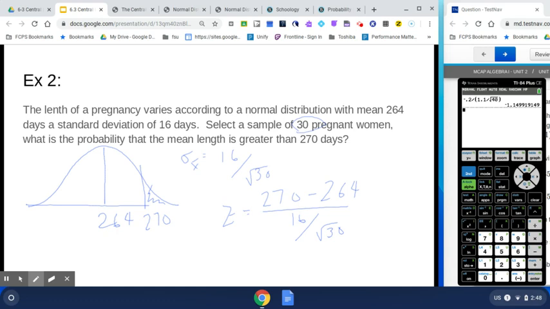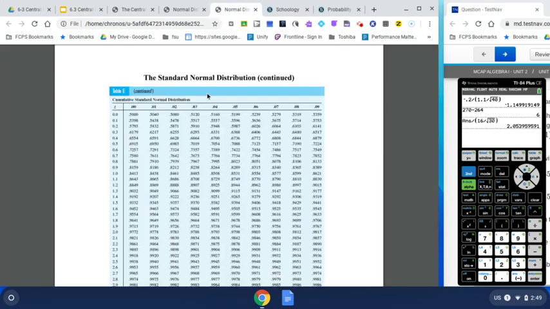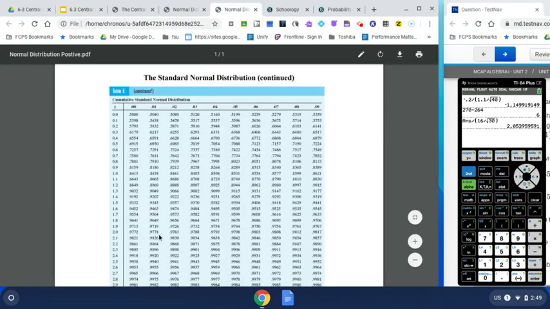All right, let's go ahead and find that z-value. I got a z-score of 2.05 if I round that to 2 decimal places. Let's look that up on the positive z chart. 2.05 corresponds to a probability of 0.9798.